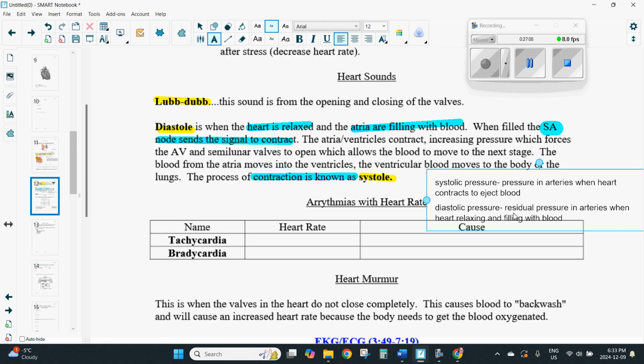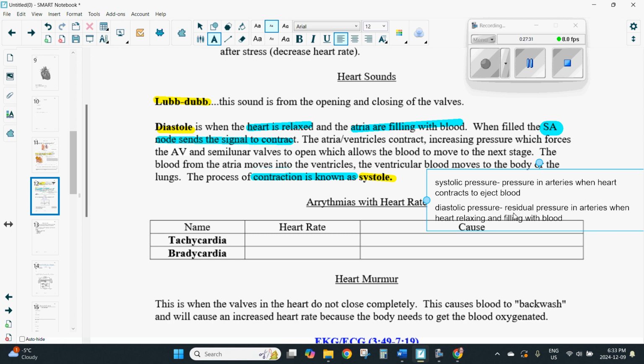So when the heart contracts, it moves blood into an artery, and the artery is full of blood. That puts pressure on the artery walls, and that's what doctors read as systolic pressure. And we'll talk about this later as well.